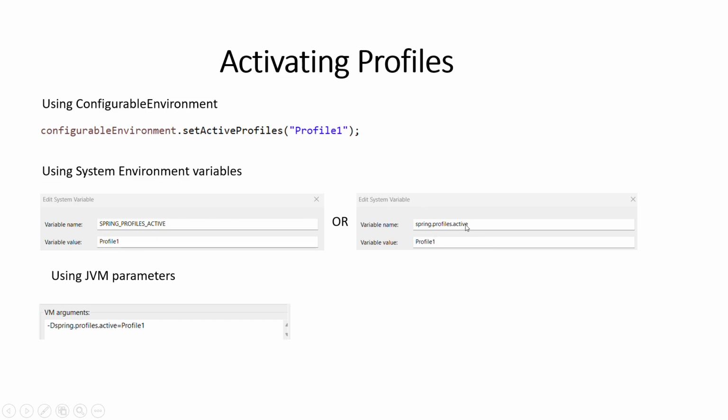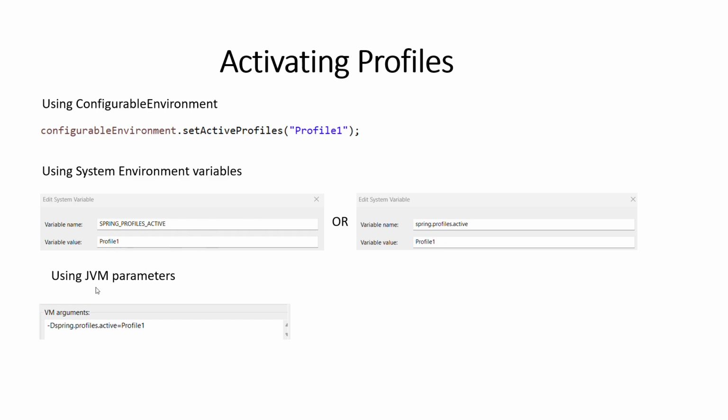In legacy applications I used to see spring.profiles.active; nowadays in modern applications we use spring_profiles_active. The value we give is the profile name. It can be dev, prod, test, QA, stage, anything. Here also we can pass comma-separated values. We will see that anyway.